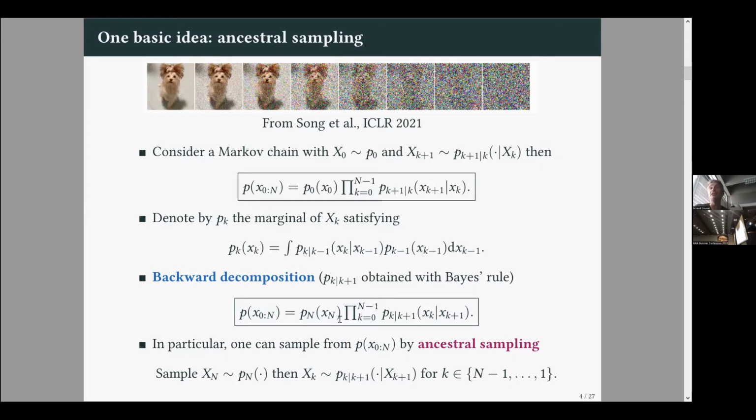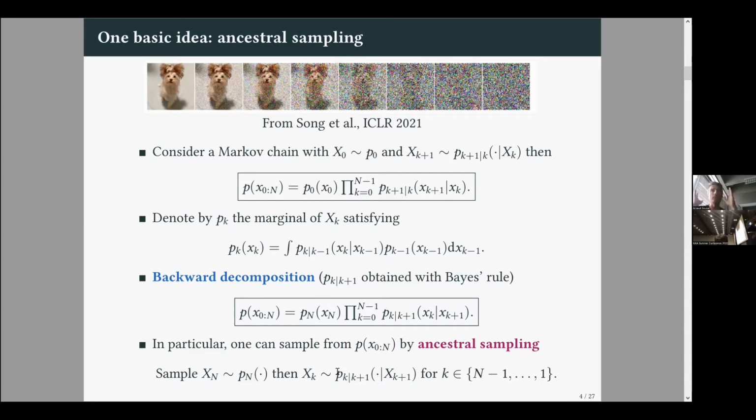The backward view is an alternative that is of interest in its own right, as we are going to see. It leads to the so-called ancestral sampling procedure: I sample at time n from the marginal distribution pn of the state xn, and then I recurse backward using the backward Markov transition kernels that take me from time k plus 1 to time k, which are obtained from Bayes' rule using the forward transition kernel. I am going to do the maths later on.